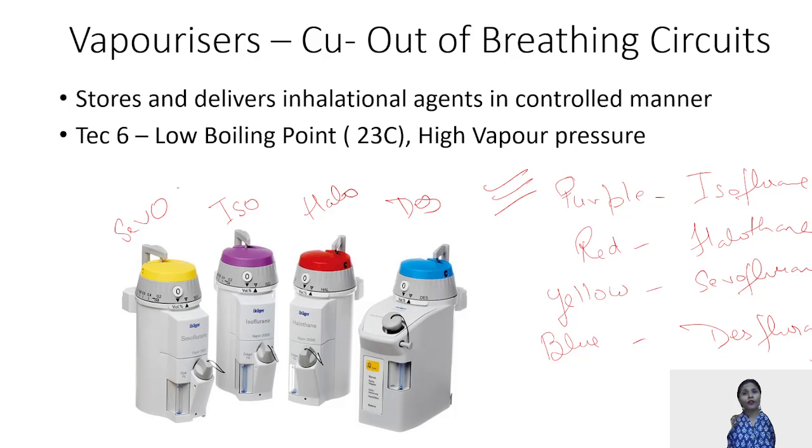So, what is the very first step that you're going to do? The very first step is you have to stop all the halogenated agents that you have been giving, because you can suspect that a sudden, abrupt increase in EtCO2 to very high levels is suggestive of malignant hyperthermia.